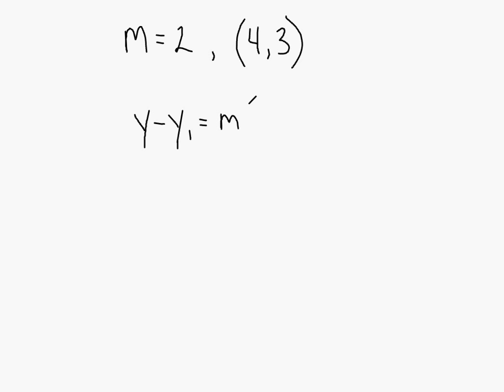So, if you are given m equals 2, all right, and you're given a point, 4, 3, okay, point slope form is y minus your y1 equals slope times x minus your x1.